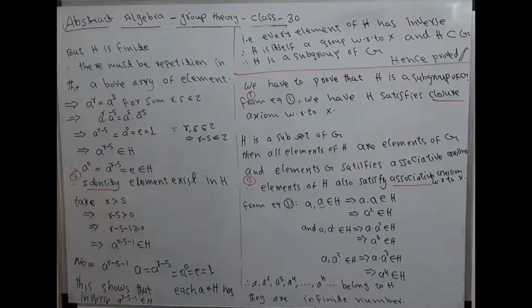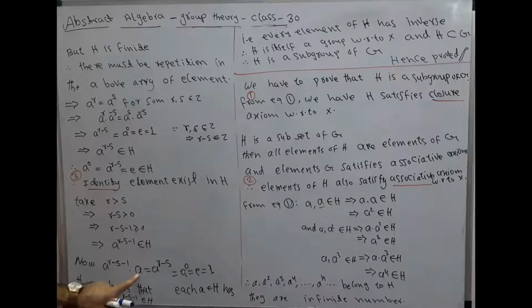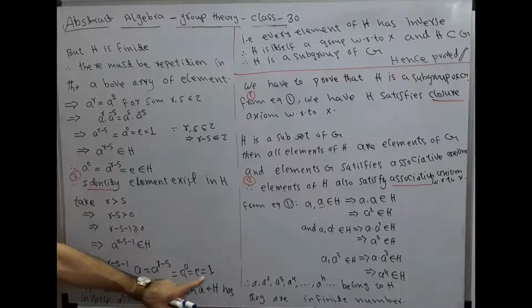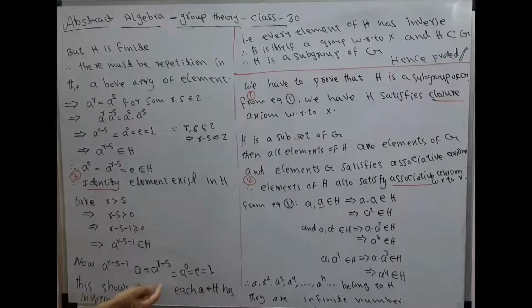Take r greater than s, implies r minus s greater than 0, implies r minus s minus 1 greater than or equal to 0, implies a to the power r minus s minus 1 belongs to H. Now a to the power r minus s minus 1 into a equals a to the power r minus s, equals a to the power 0, equals e, the identity element.